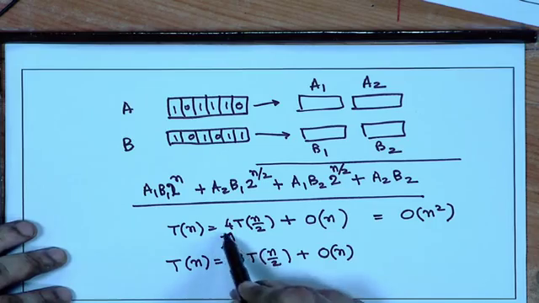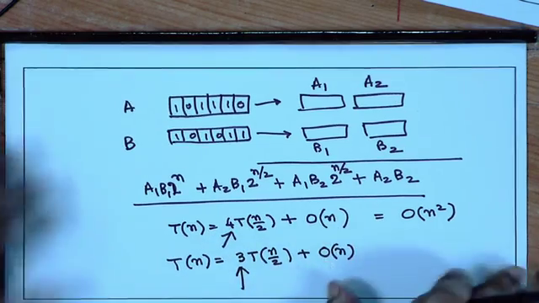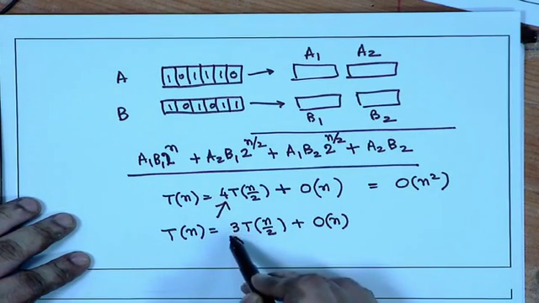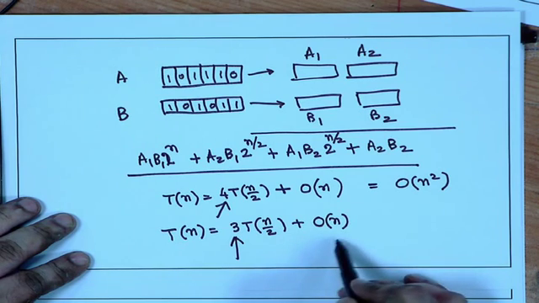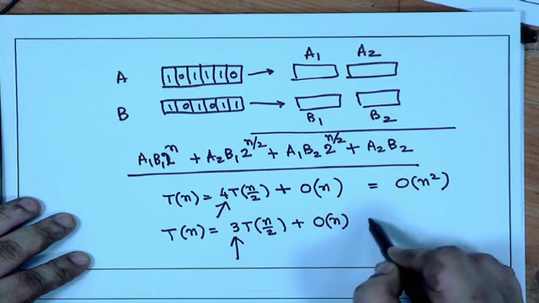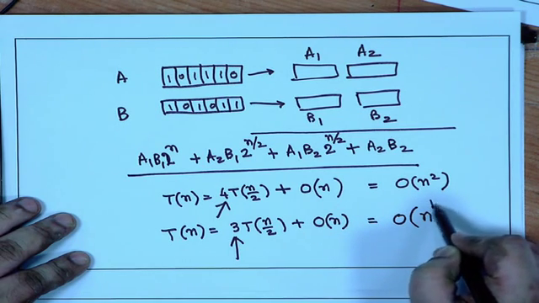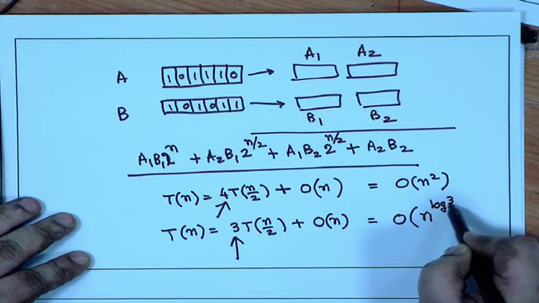So, previously it was 4, and now instead of 4, we can do it by 3 multiplications and some more additions, but that does not add to this. So now the complexity changes to n^(log 3 to the base 2).